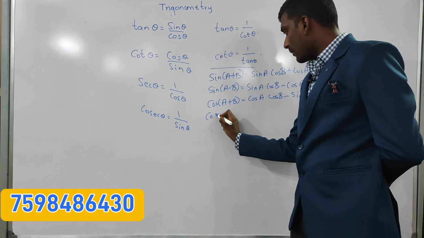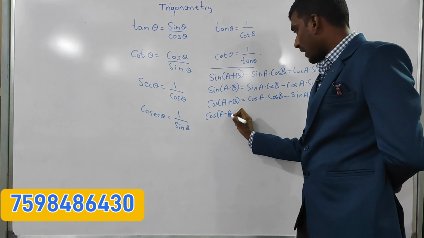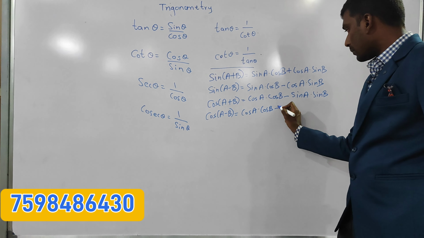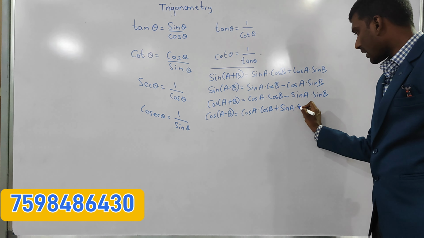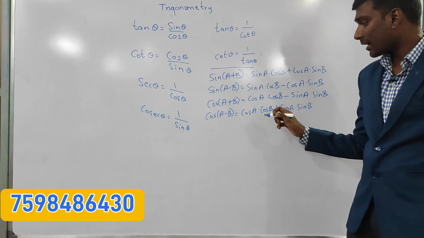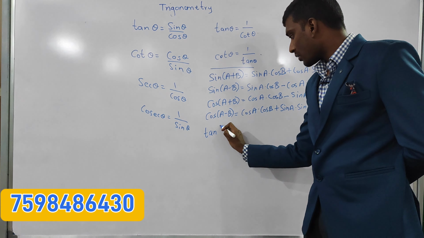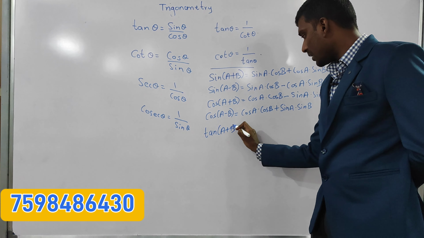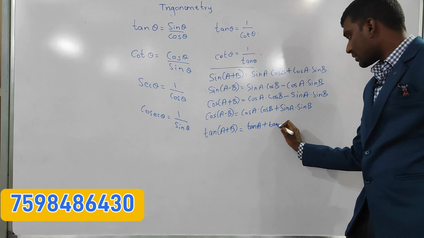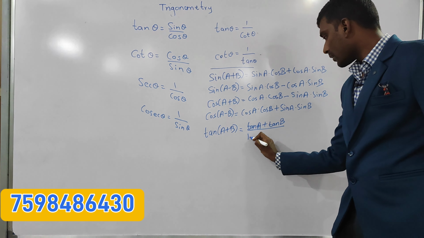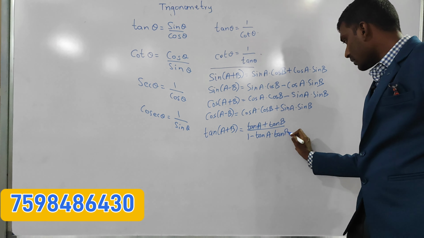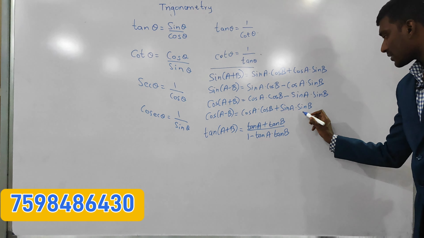Next you have cos of A minus B is equal to cos A cos B plus sin A sin B. Be very careful here. People, they do mistake. Instead of plus they write minus, and then you have a very important formula. Tan of A plus B is equal to tan A plus tan B divided by 1 minus tan A into tan B. And the final formula here, I'll just write it down here.